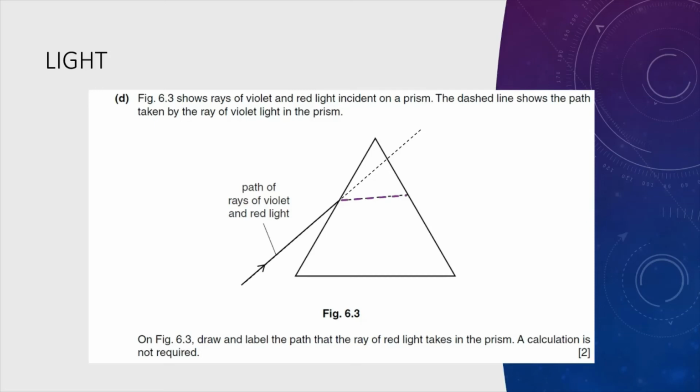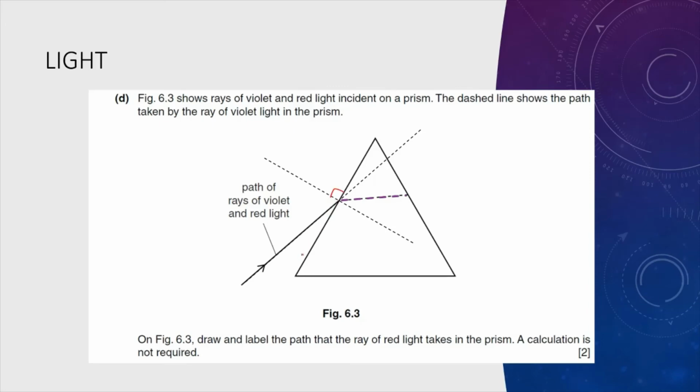So, let's draw the normal line first. This is the normal line. Remember, the normal line must be perpendicular to the surface of the prism at the point where the ray of light strikes. So, this must be a right angle, 90 degrees.